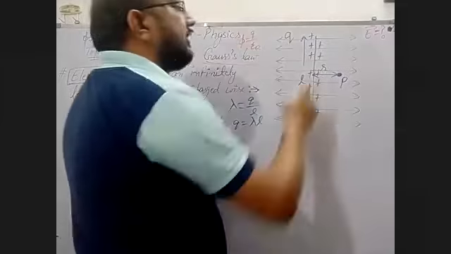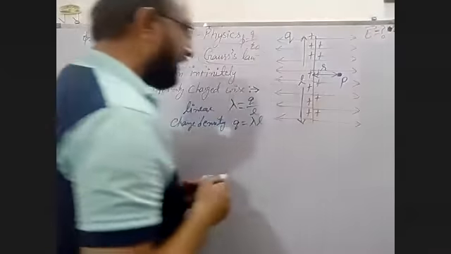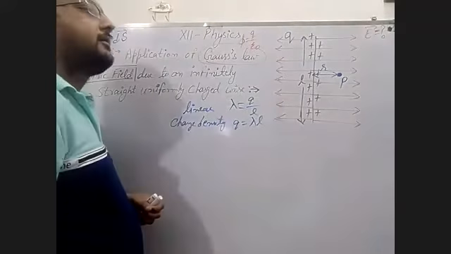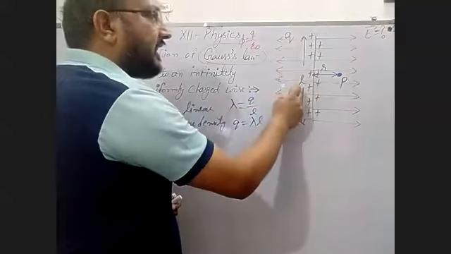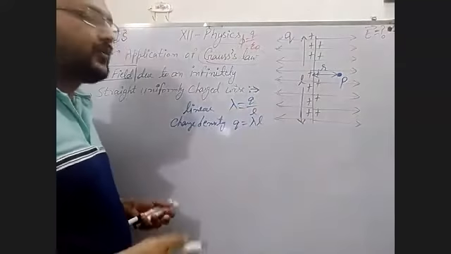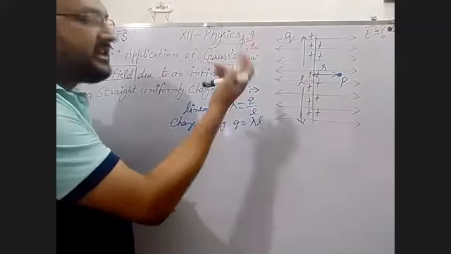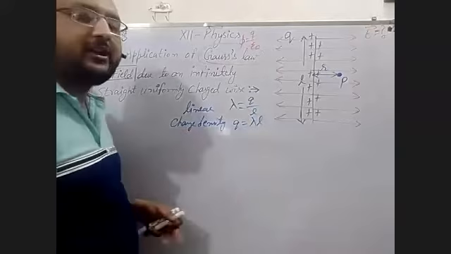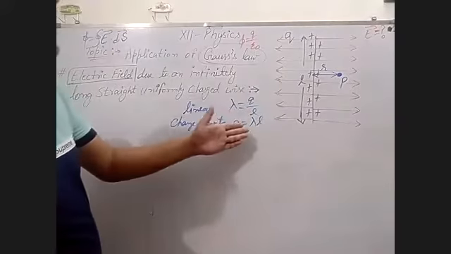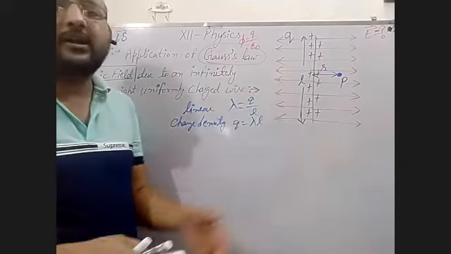From this wire, this point has a distance R. This wire has a length L, it has a charge Q, and it has a linear charge density lambda. This lambda can be calculated by the formula Q by L, total charge upon length.